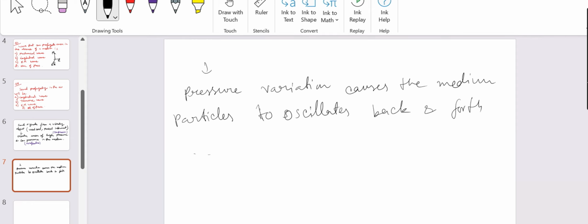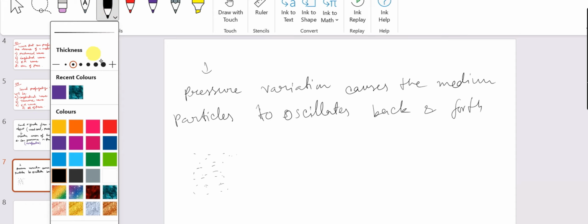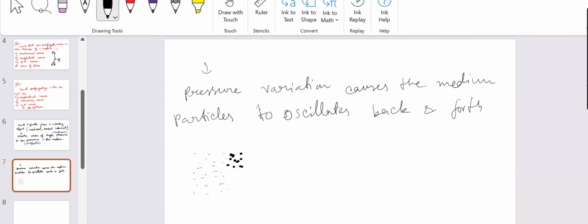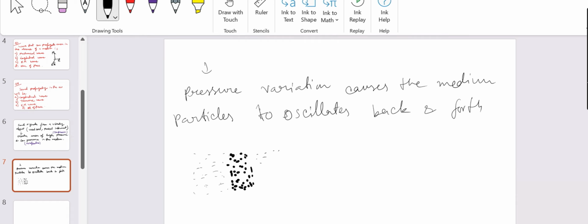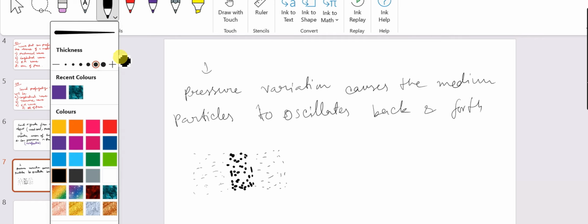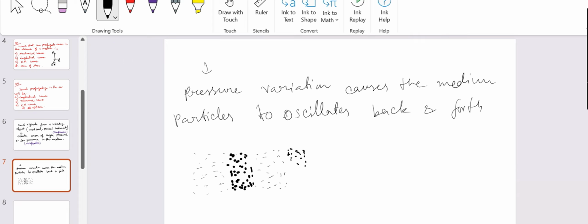So basically we can draw it like this. Here it's rarefaction, here it's compression, here it's again rarefaction.